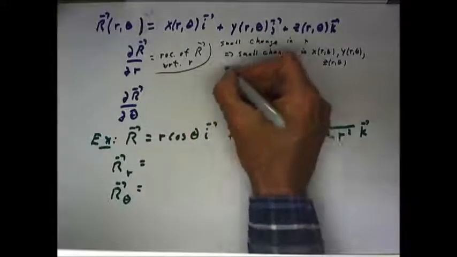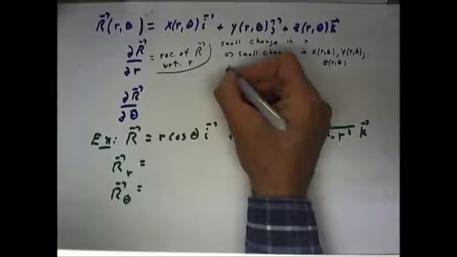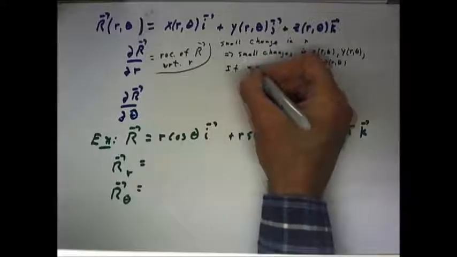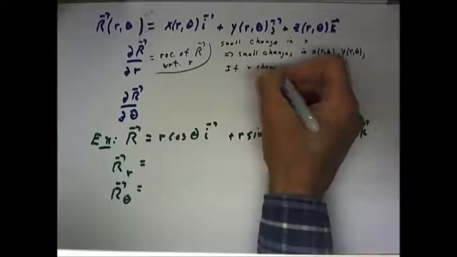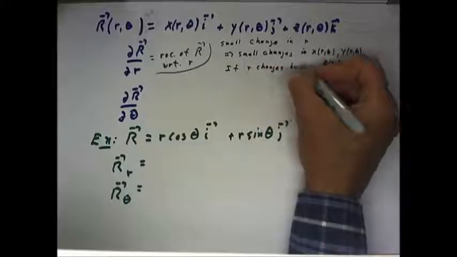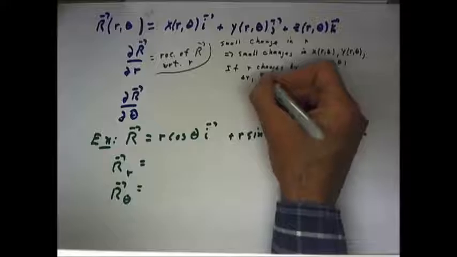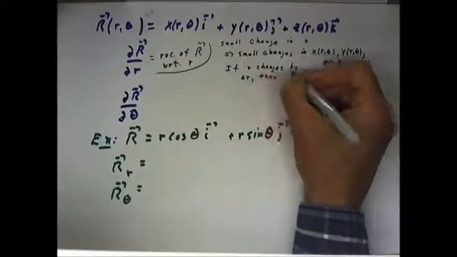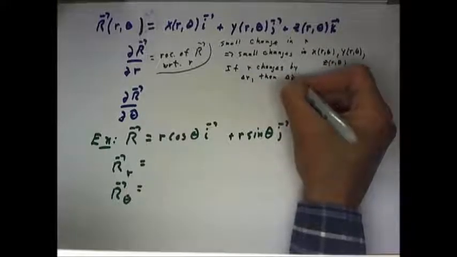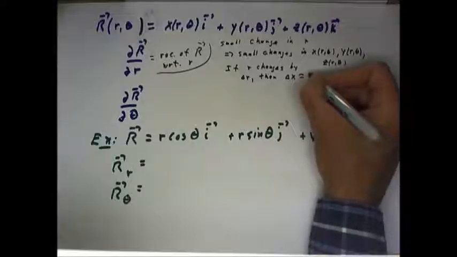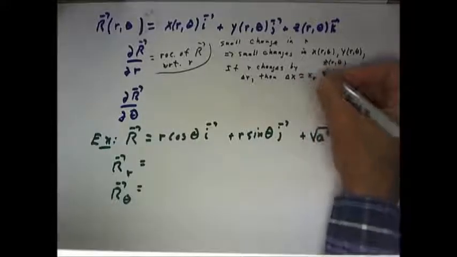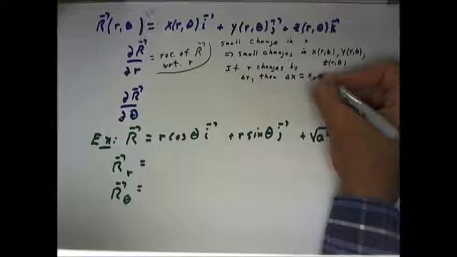Those small changes, well, if r changes by delta r, then the change in x is approximately equal to the r derivative of x times delta r.